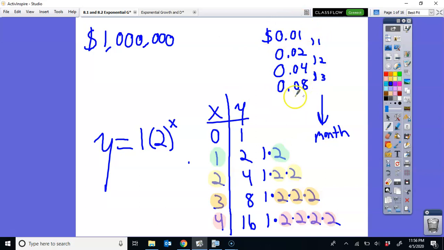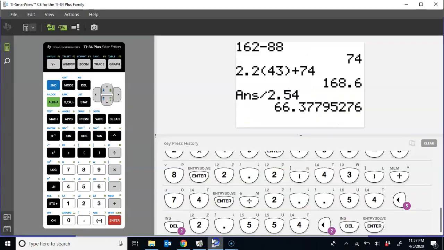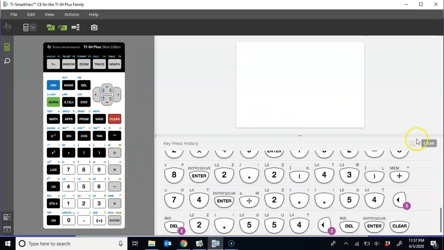Option number 2 is better. Let me show you why. The true equation would be 1 cent, or 0.01, times 2 raised to the x power, where x is the number of days that I am doing this for you, which would be a whole month. So let's go to our calculator. Let me show you why option number 2 is actually better.